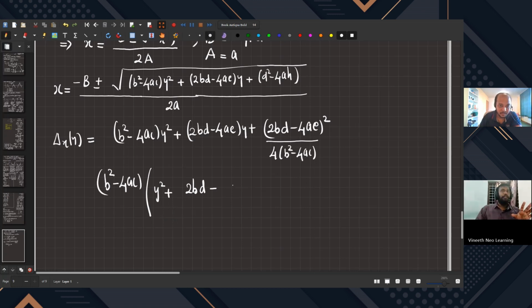If we take it from the second term, we are left with (2bd minus 4ae) times y divided by b squared minus 4ac.